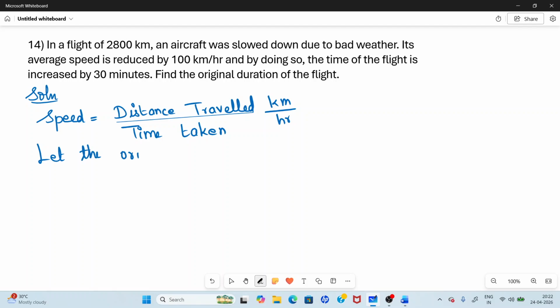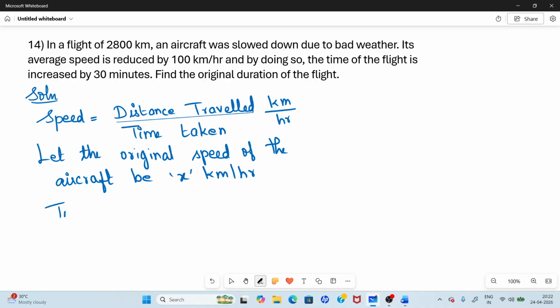Let the original speed of the aircraft be x kilometer per hour.